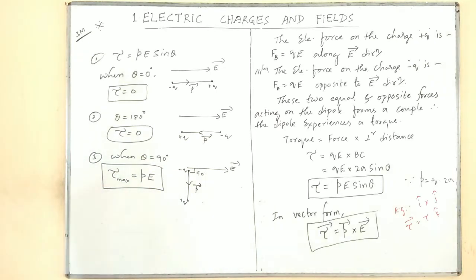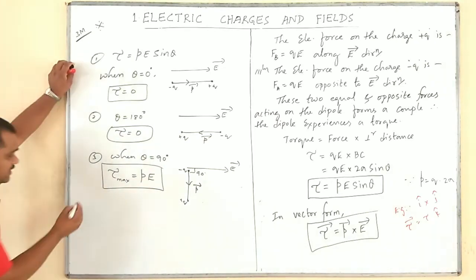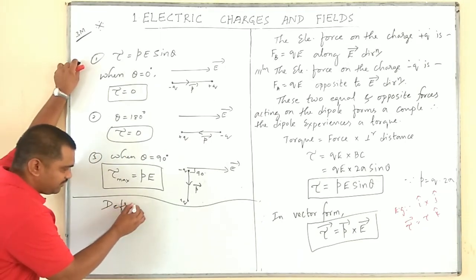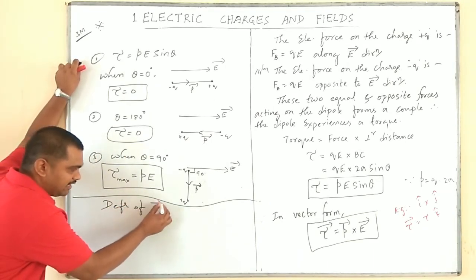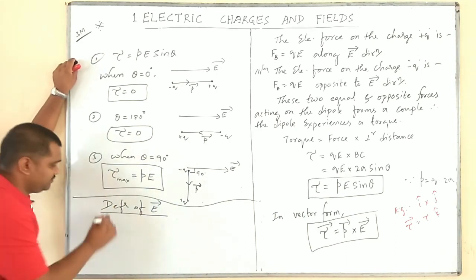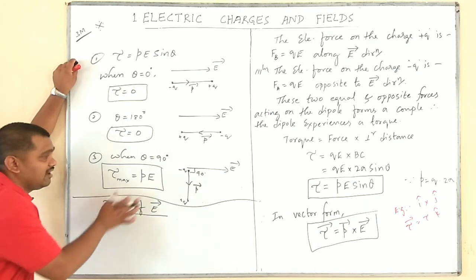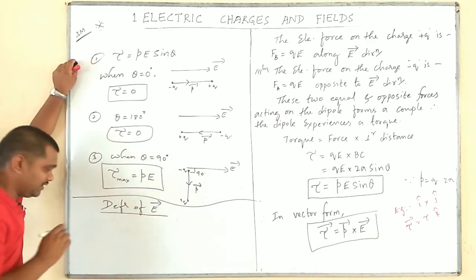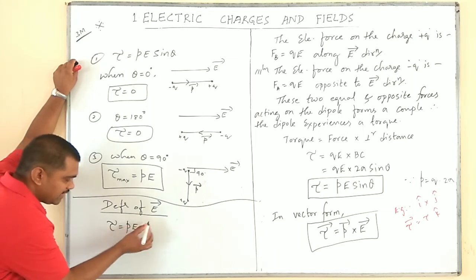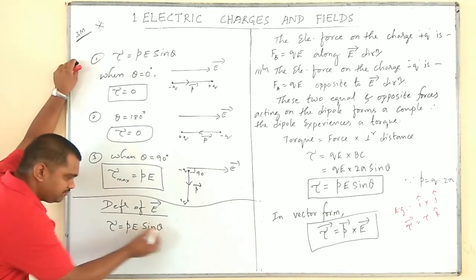Apart from this, I will tell you one more thing, which is the definition of electric field from this concept of torque. By knowing the concept of torque, how can we define the electric field? See, tau is equal to PE sin theta.